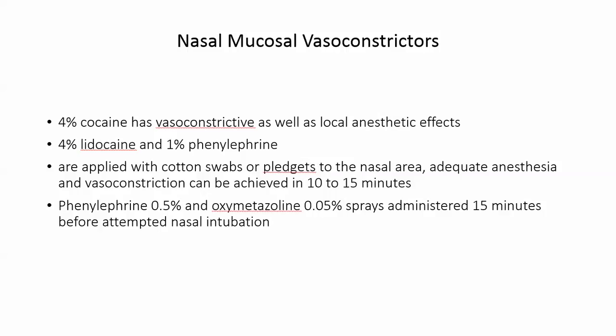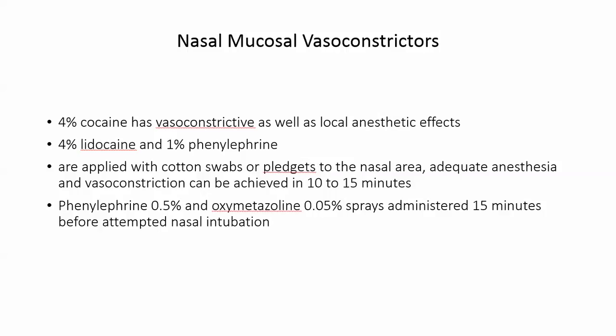Nasal mucosal vasoconstrictors are commonly used to decrease the vascularity of the nasal mucosa. The most commonly used vasoconstrictors are 4% cocaine, which has vasoconstrictive as well as local anesthetic effects, and a combination of lidocaine and phenylephrine.